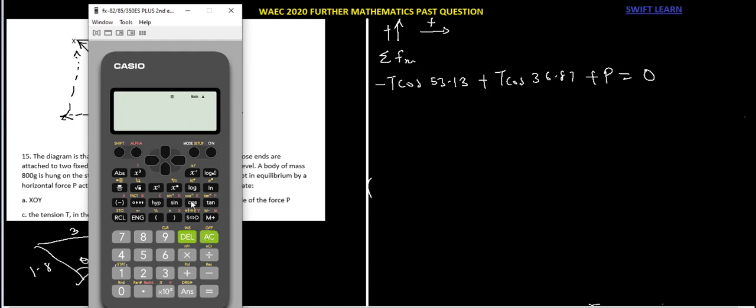So what is cos 53.13? It is 0.6, good. So what is cos 36.87? 0.8.